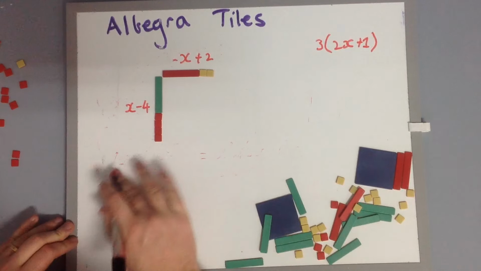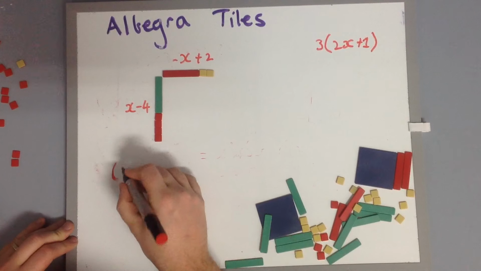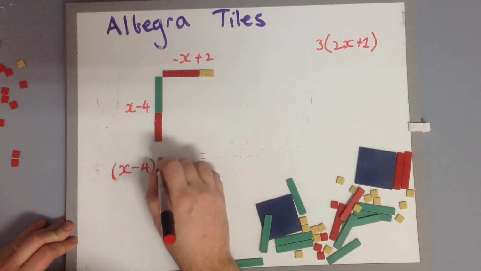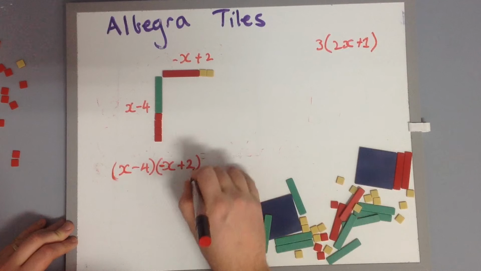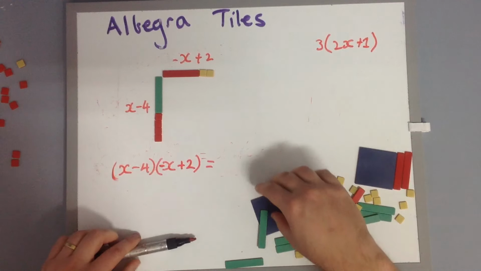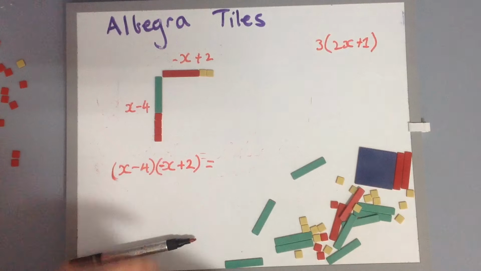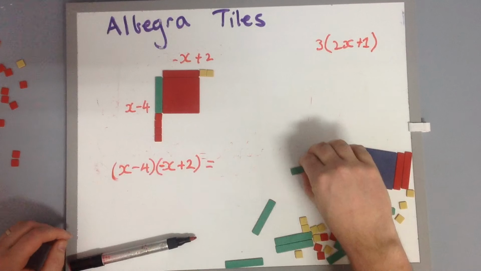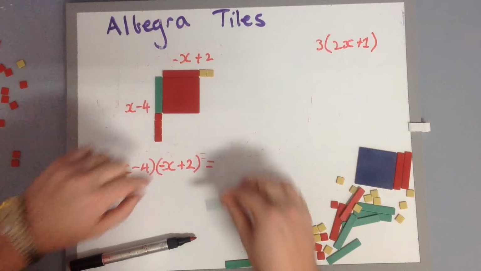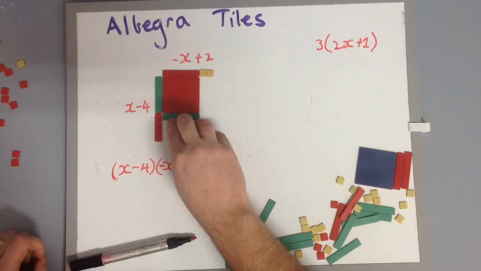So we've got x minus 4 and negative x plus 2. When we look at that, we've got a negative times a positive, which is going to give us a negative. A negative times a negative is going to give us a positive.